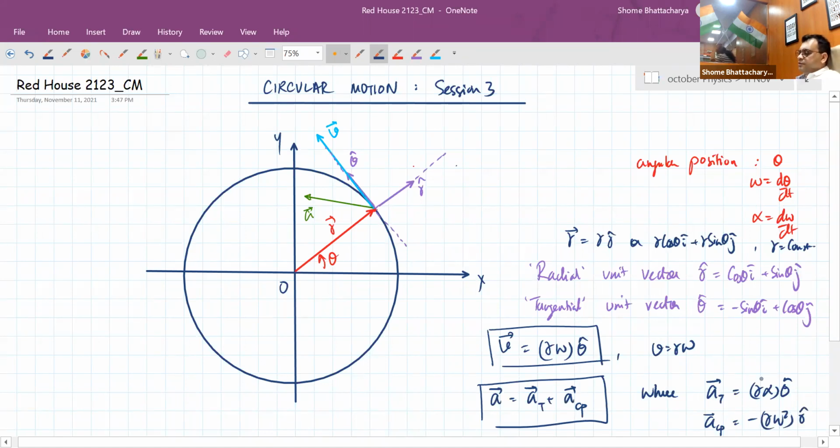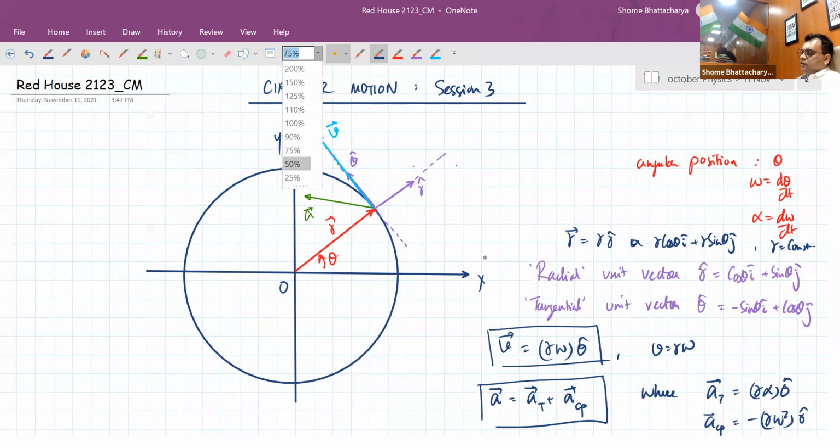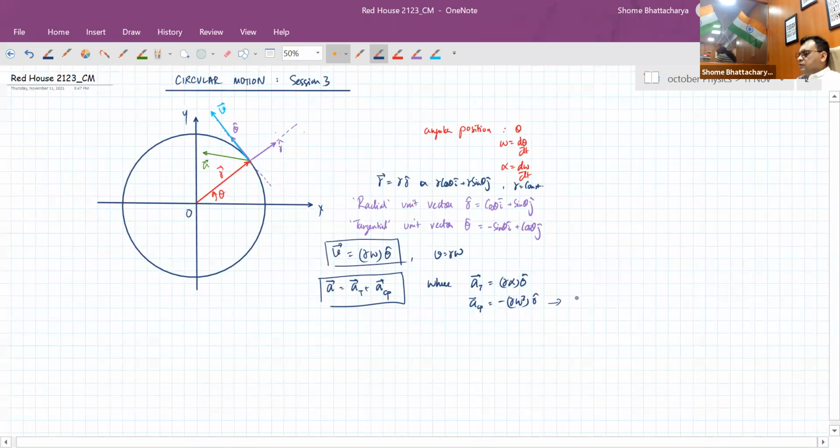So the centripetal acceleration is pointing towards the center. It has a magnitude of r omega square, which can also be written as v square by r.